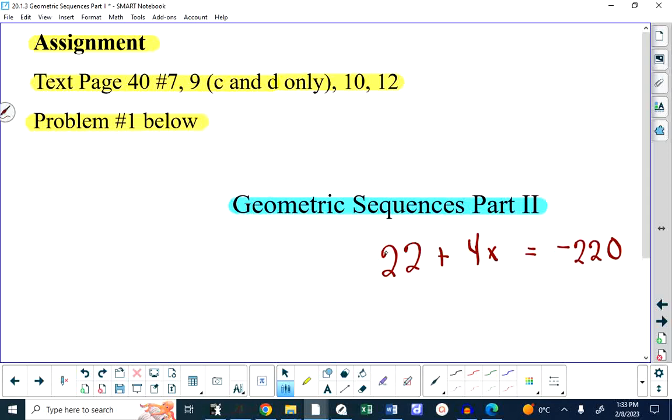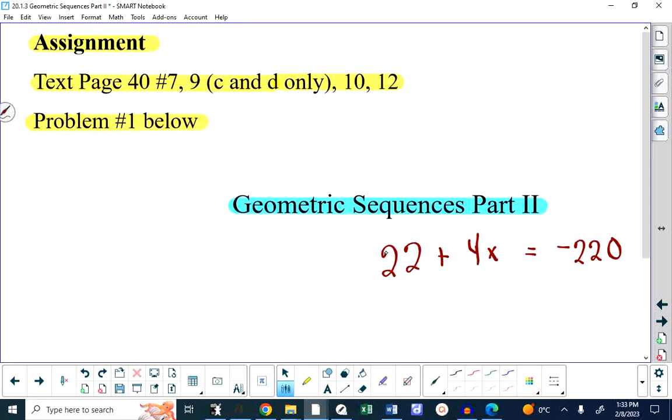You take negative 220, you subtract 22 and divide by 4. And in fact, in class, I will say that to you. Oh, it's really simple. You just do that. But on a written response, you need to show those steps. You need to write minus 22, new equation, divided by 4, then you have your x equals.